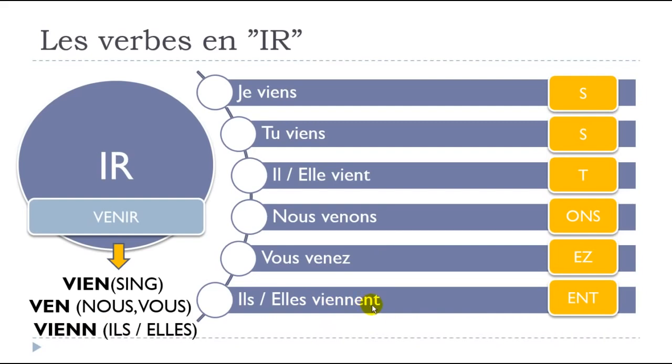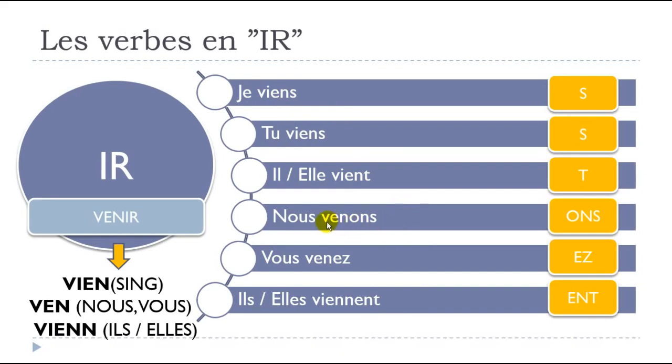And it can be quite tricky, because if you think about that, especially phonetically, it's challenging in a way, because you get this nasal sound here, je viens, okay, viens, tu viens, well, the same, il vient, elle vient.